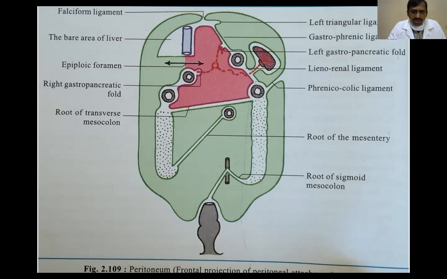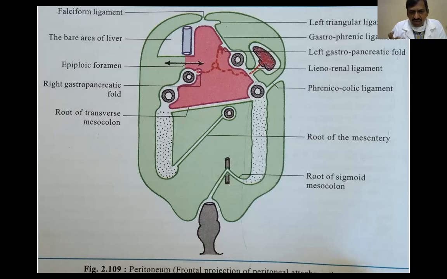Because of this, any collection in the supracolic compartment accumulates in Morrison's pouch, the right posterior hepatorenal pouch of Morrison. That is why the hepatorenal pouch of Morrison is clinically very important, because it is the most dependent part.